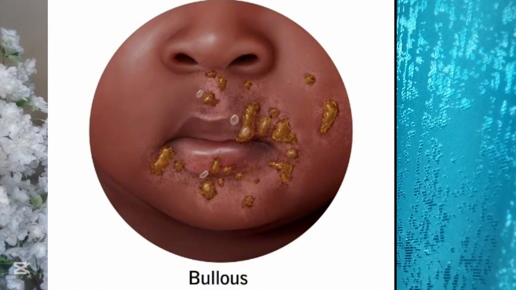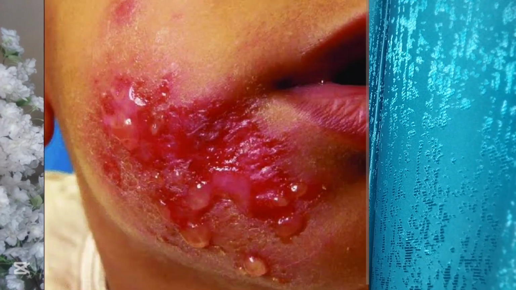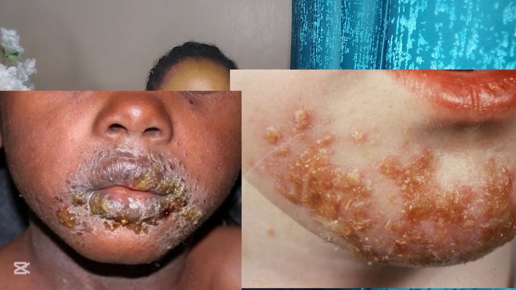After some time, the vesicles, the bullae and the blisters will join together and they'll eventually burst open, and this results in formation of a wound, a sore that will be covered with a honey-colored crust, yellowish brown in color. The skin of the affected area will eventually heal and there won't be any scar formation because the infection is limited to the upper part of the skin, the epidermis.